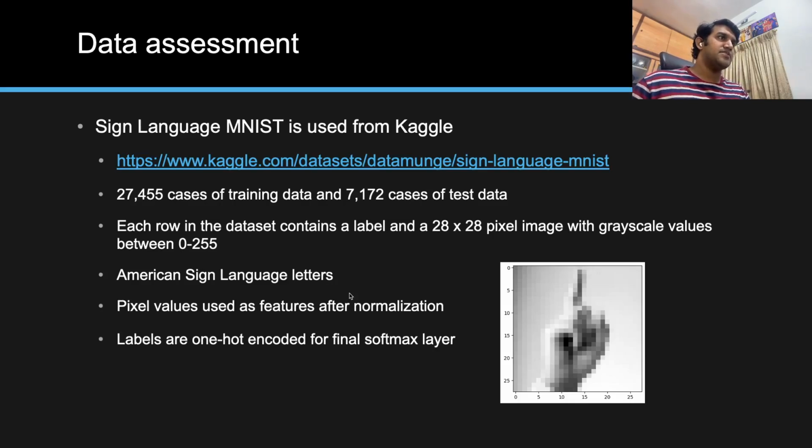The labels are one-hot encoded, and we're using a softmax layer at the end for predicting the probability of the label. So with 24 letters, we get the probability of which letter is the most probable in this case.